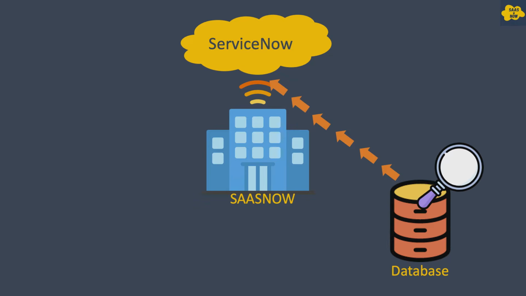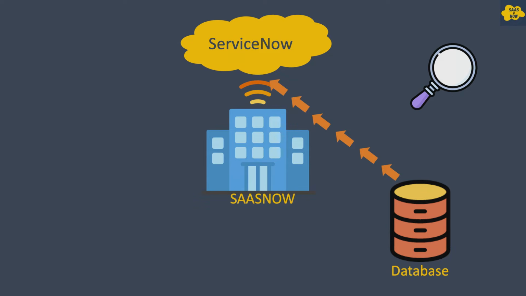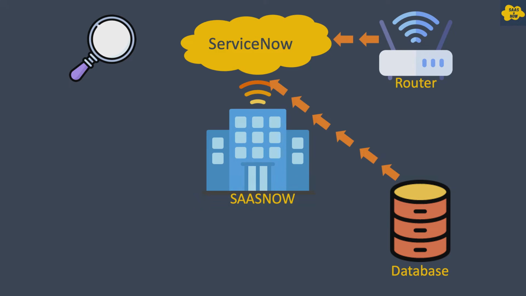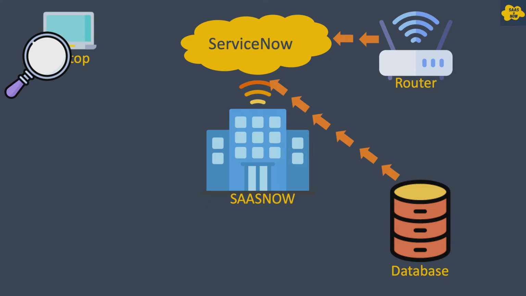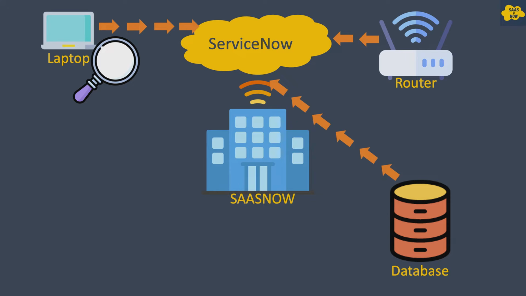Then it will try to find the network and the routers and then update information about those routers in CMDB, that is in ServiceNow. And then it will search for all the laptops and update that information again in CMDB in ServiceNow.